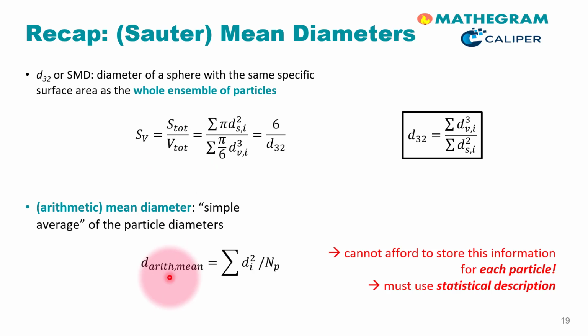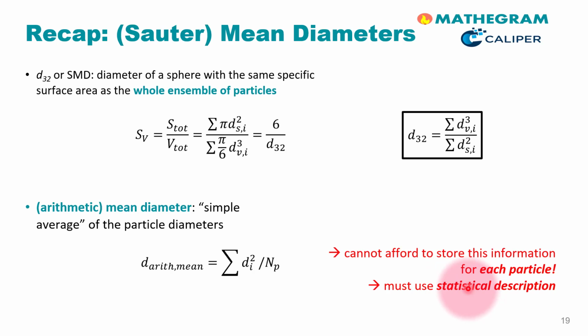This is not possible or useful simply because of the huge number of particles in practice. Also, a single property of a whole particle ensemble is often insufficient to describe its flow behavior. Therefore, we need to have something in between, and this is a statistical description of the particle sizes.